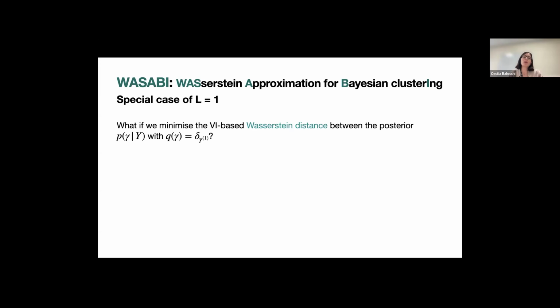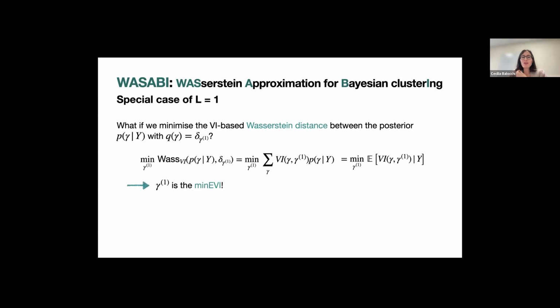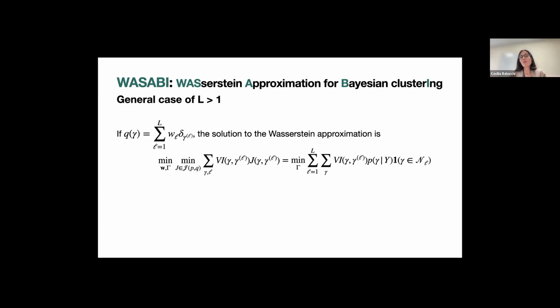Whenever we're using decision theory, we need to choose a loss, and in the Bayesian context, we can find the estimator that minimizes the posterior expected loss. Now, which loss do we use? One could use a 0-1 loss, for example. This is very generic and often used, but it has some disadvantages, and it's going to lead back to the mode, the maximum a posteriori partition.